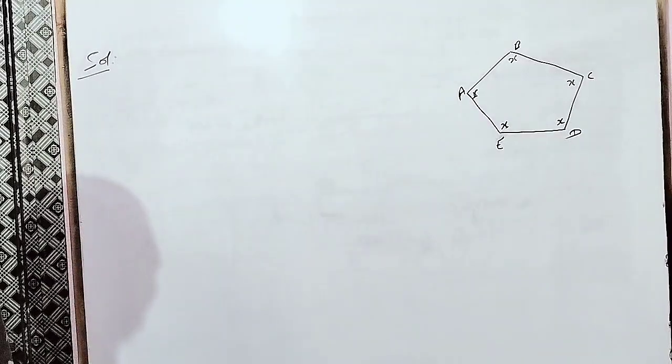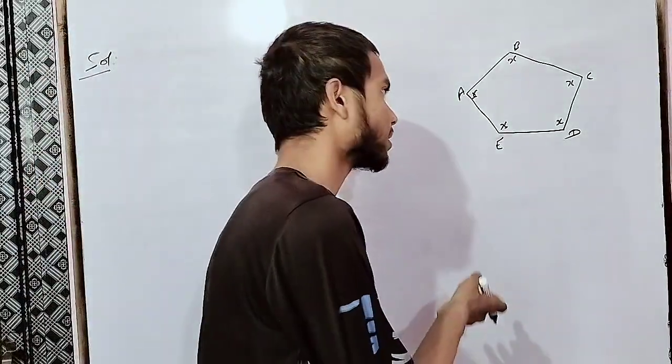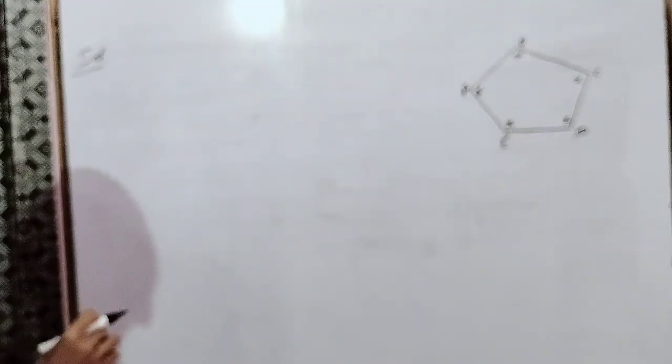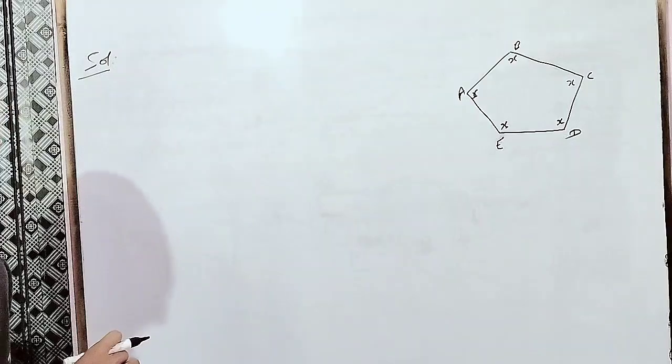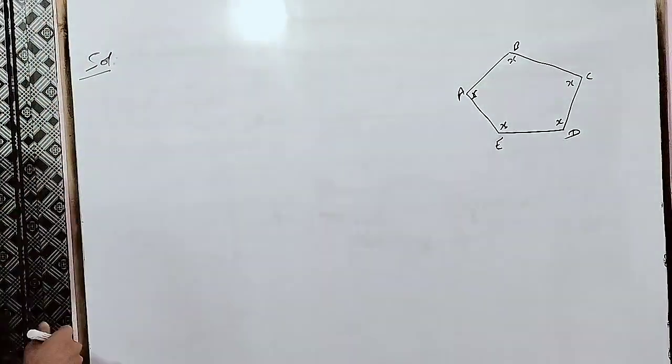So how is it possible? Krishna is not saying to find the total value of interior angles of this. Rather, it is saying find each interior angle of this given diagram.